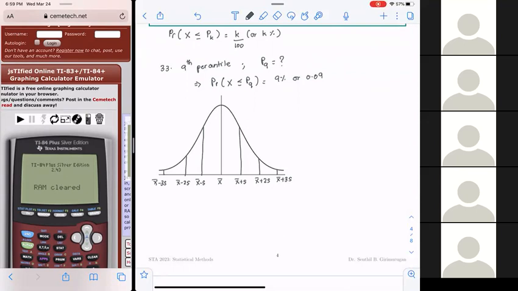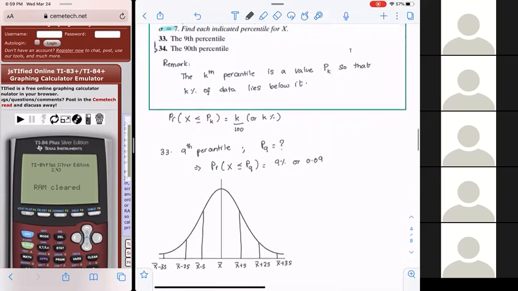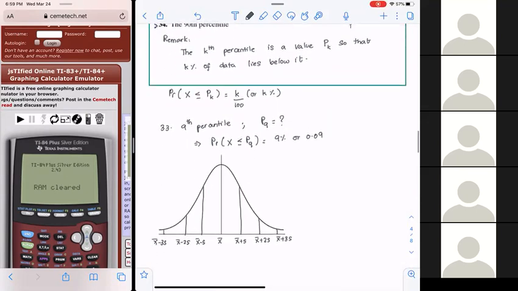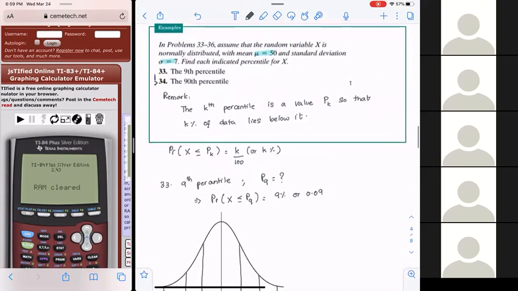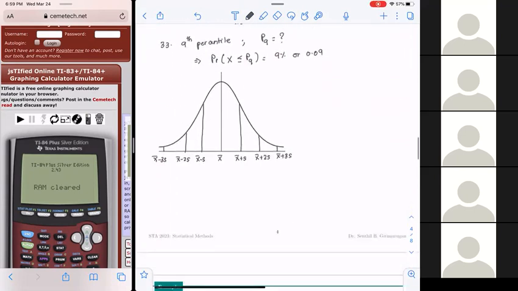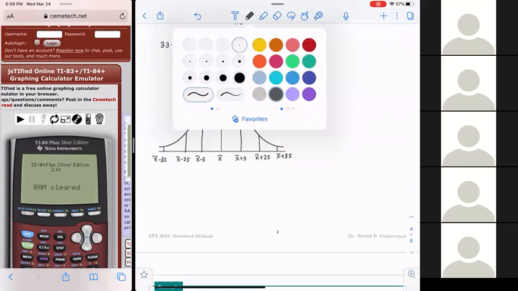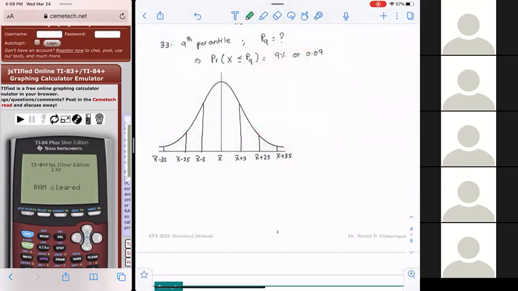And why is this so important? In our problem, we can write out these values. 50 is the mean. The standard deviation is 7, so 57, 64, 71. I'm adding standard deviations.